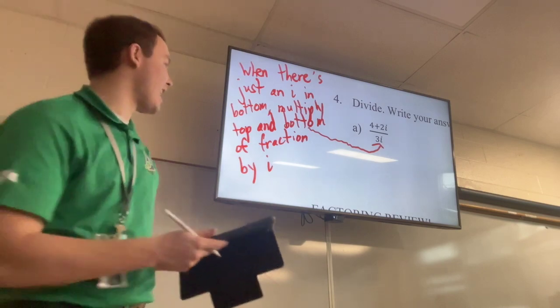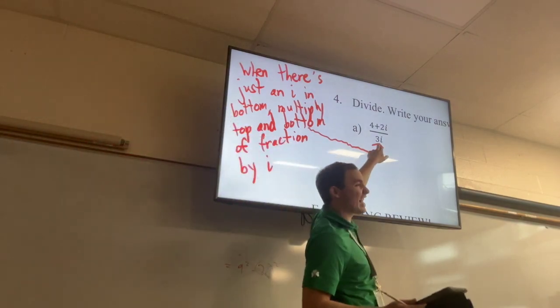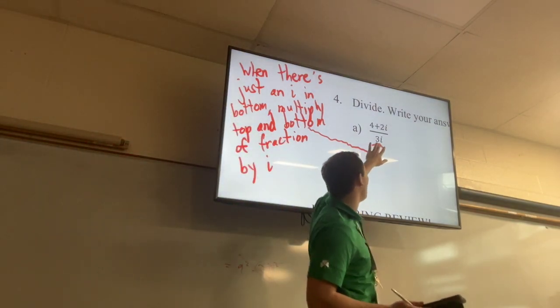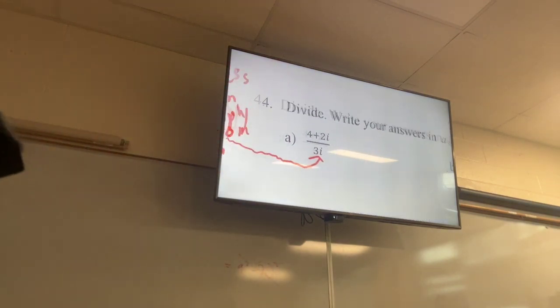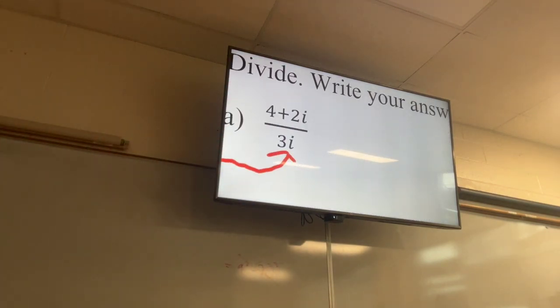Okay? This is not a complex number in the bottom because it only has an imaginary part. When there's only an imaginary part, you just multiply the top and bottom by i, okay? So here's what I mean. I'm just going to multiply, so let me put parentheses around the top. I'm just going to multiply by i over i, okay?